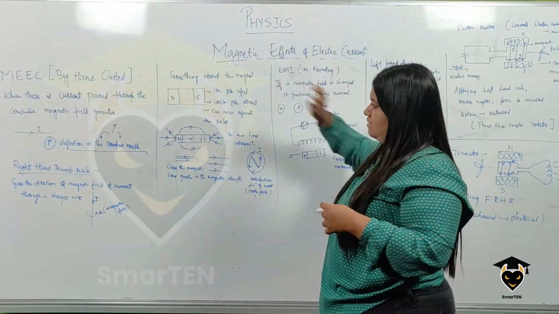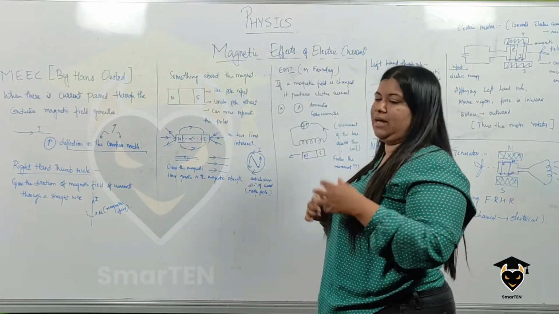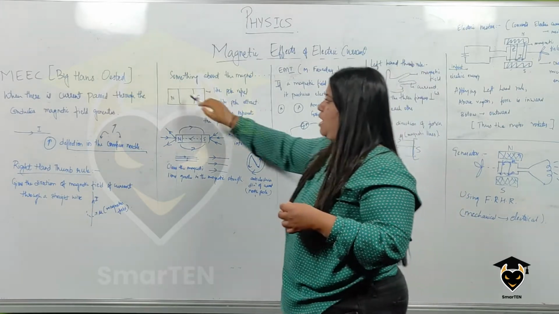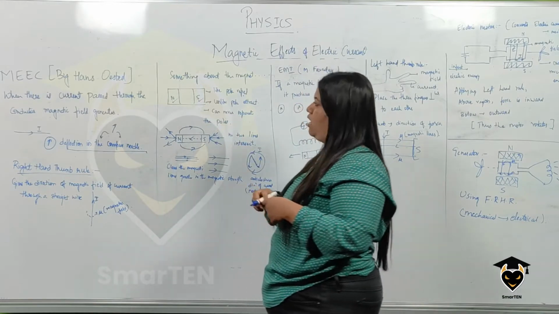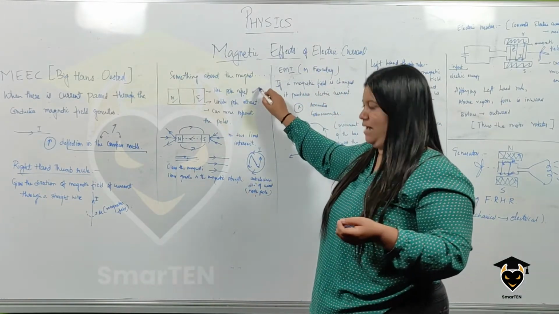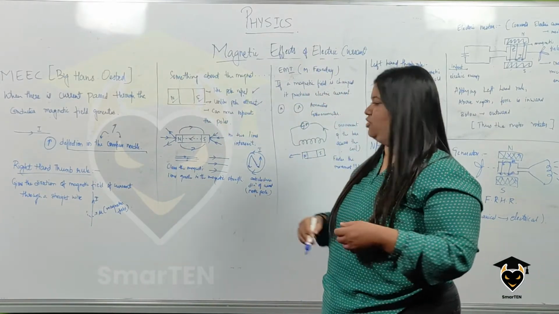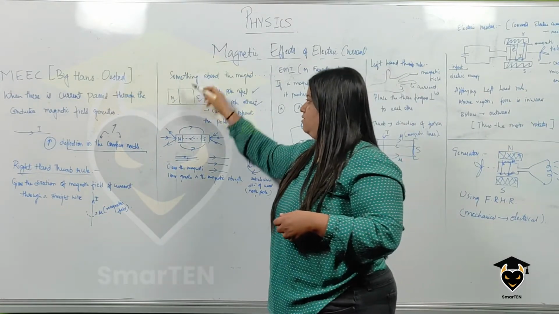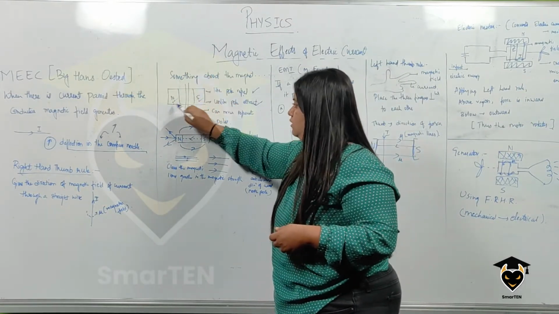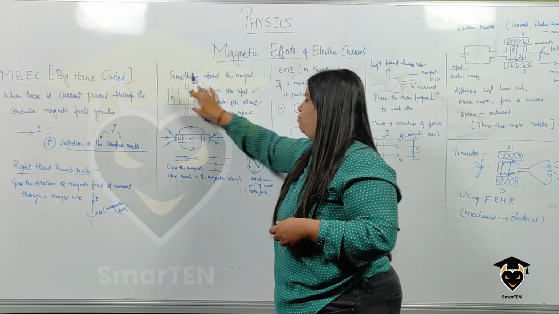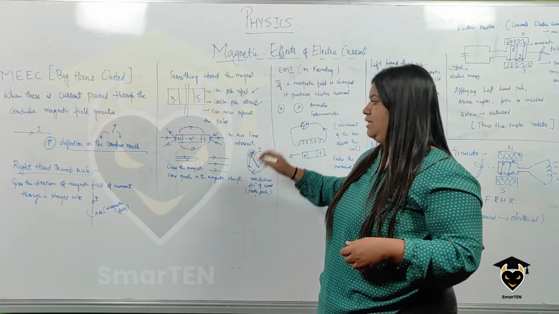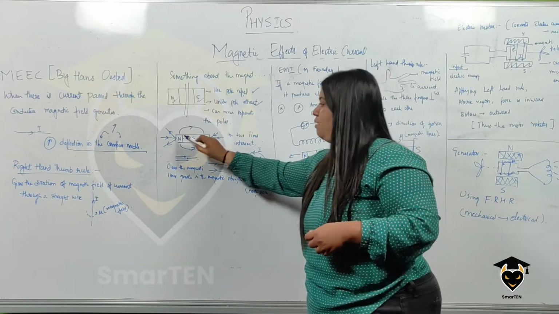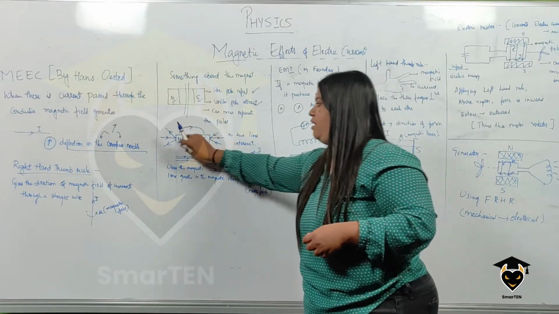Next, let us know what a magnet is. You have a bar magnet, which has a north pole and a south pole. We know like poles repel and unlike poles attract each other. And we can never separate the north and the south pole in a magnet; they have to be together. It is also crucial for us to know the direction in which the magnetic lines flow in a magnet.